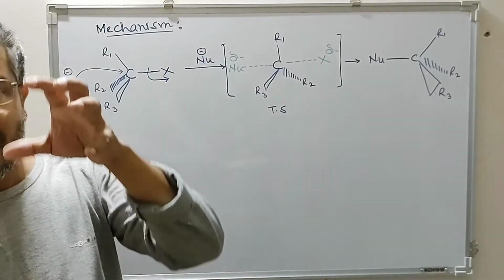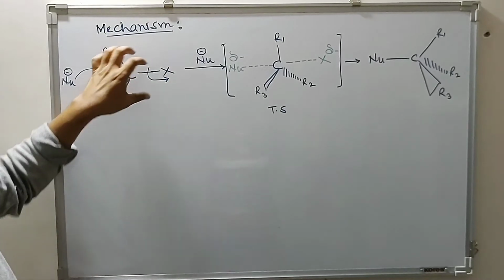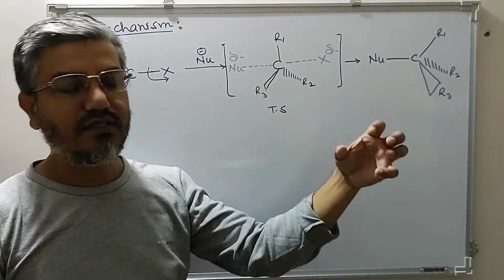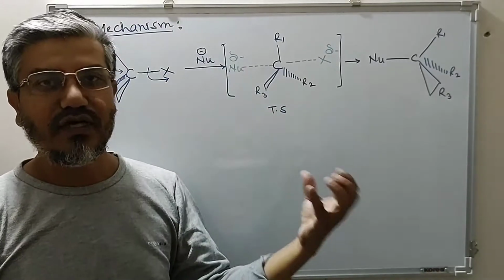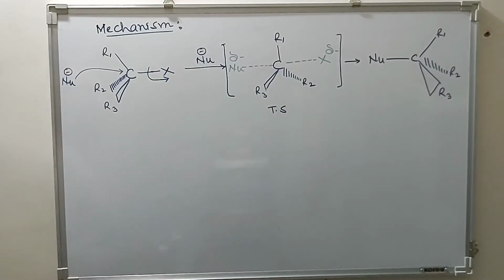That means when we take this umbrella, inverted umbrella. So this is what we call as tetrahedral inversion. So this is the reason why we observe an inverted product during this SN2 reaction.